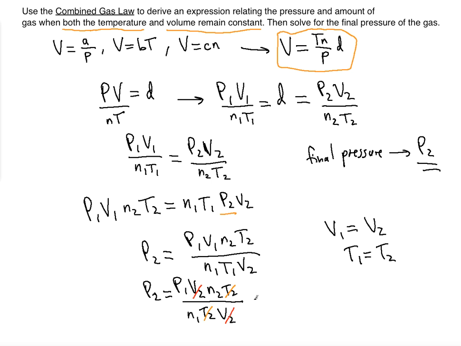We will have expressed the final pressure in terms of the remaining variables, the ones that changed. The initial pressure, because it will change into the final pressure, times the final amount of the gas in moles divided by the initial amount of the gas in moles. And that's it. So you have successfully found the final pressure in terms of the initial pressure and the initial and final amounts of the gas in moles.